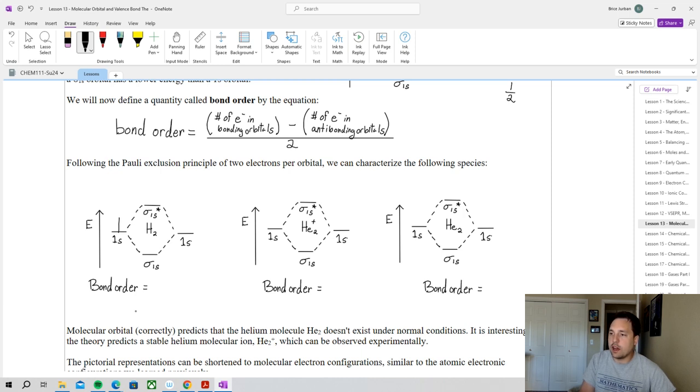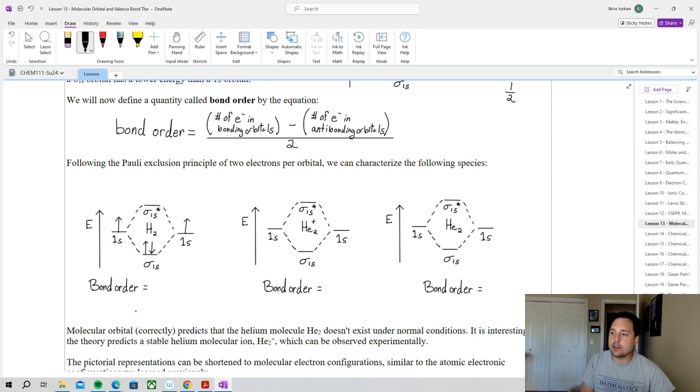We can definitely look at hydrogen, which is just 2 electrons being shared between 2 protons. These 2 electrons are going to both go into the sigma 1s orbital. Because these molecular orbitals work the same way as atomic orbitals, they can allow for 2 electrons to occupy them, and no more than 2 because they have to follow the Pauli exclusion principle.